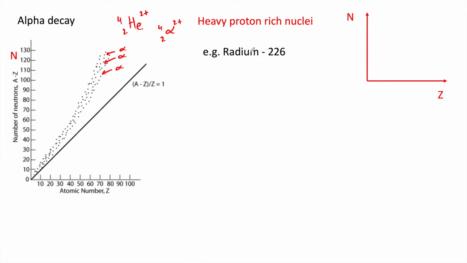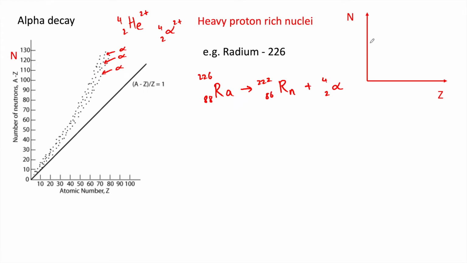So let's have an example here. So radon 226 decays by alpha. And so the first thing is it decays into radon. Then of course you lose 2 protons, so that goes to 86. You lose 2 protons and neutrons and all, so that goes to 222.